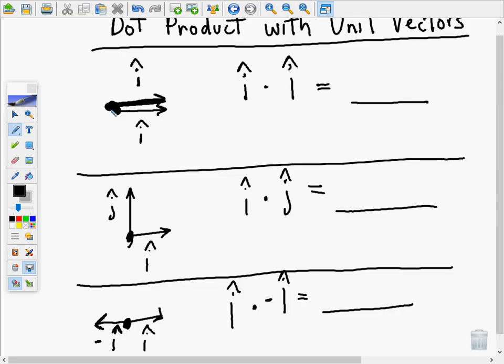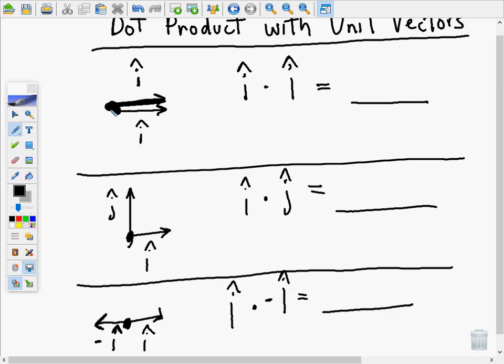The third one, you're going to take the dot product between I and negative I. Now in a second, I'll come around and I'll give you thumbs up, thumbs down on these three answers.